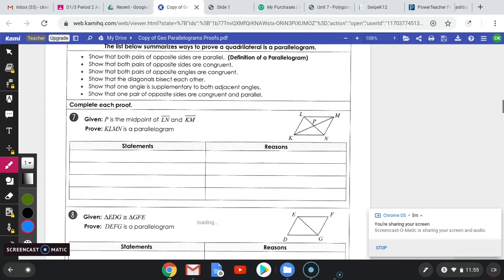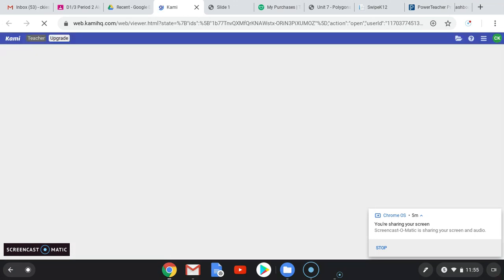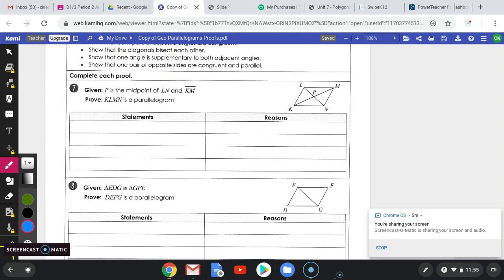So if I look at number 7, it says P is the midpoint of LN and KM. So I'm going to write that down. I'm also going to refresh the page because it says loading. All right. So here, I'm going to rewrite the given.